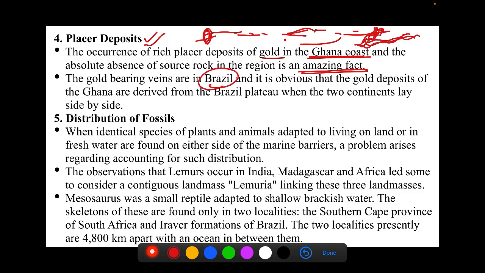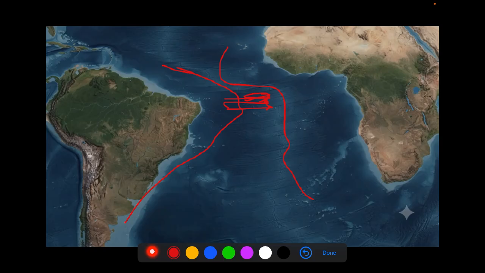And in Brazil, gold bearing veins are present. So it's obvious that the gold deposits of Ghana are derived from the Brazilian plateau when the two continents lay side by side. I'll show you, just think that here there is the deposit of gold present, but here there is the source of gold, the gold bearing veins.